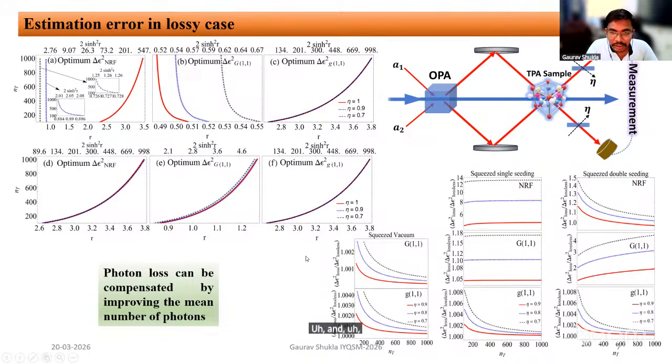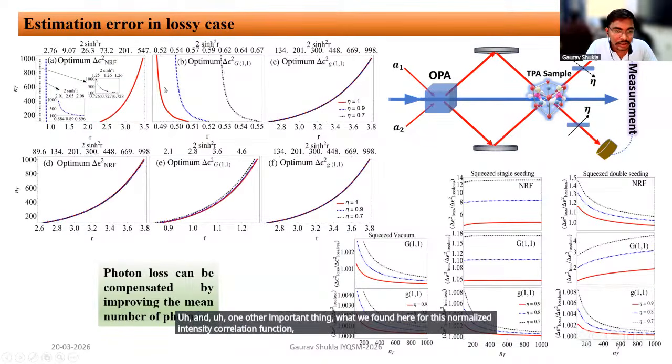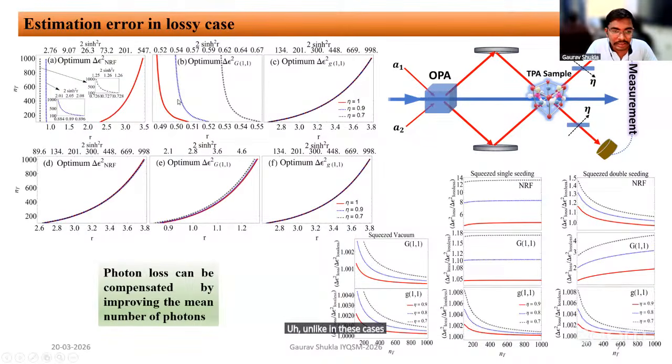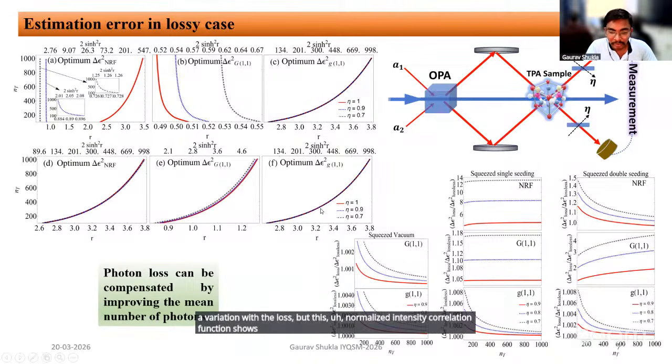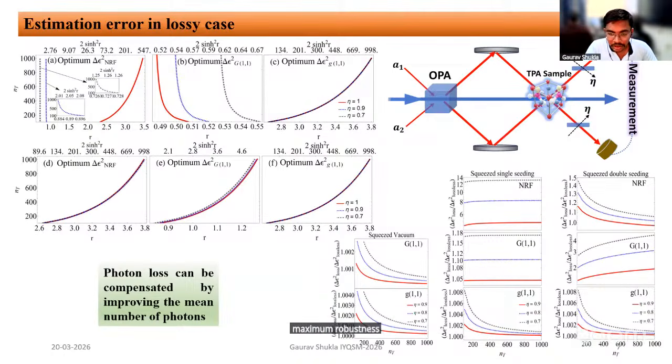And one other important thing we found here for the normalized intensity correlation function: unlike in these cases, where we can see a variation with the loss, this normalized intensity correlation function shows maximum robustness against the loss.